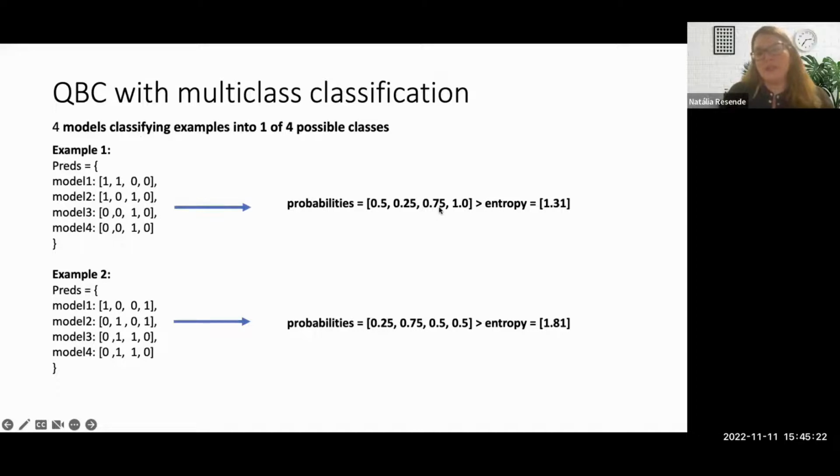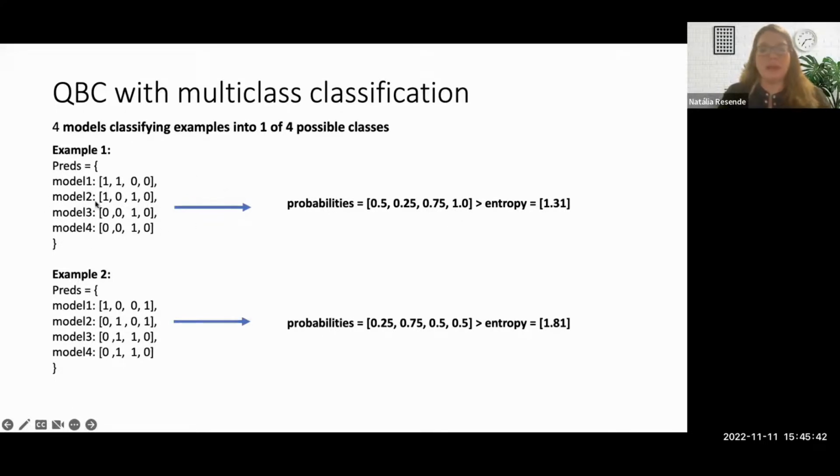In the fourth case, all the models predicted that the last label is not present. So we get the probabilities associated with each label from the ensemble of models, okay?